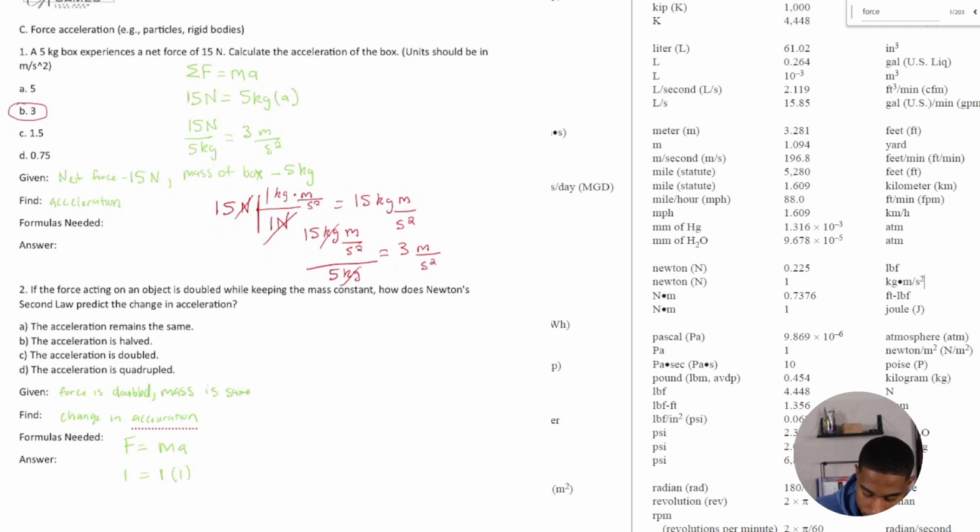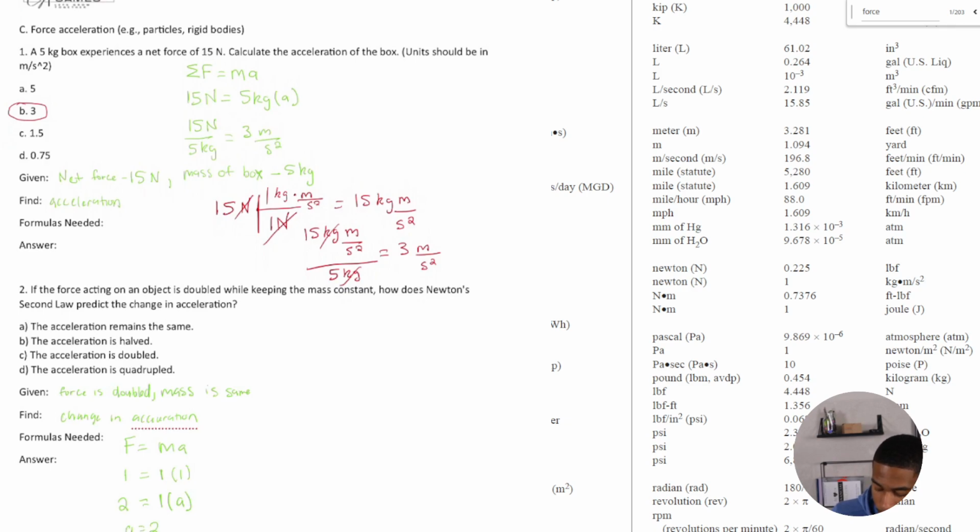All right, but if we double the force and we say 2 is equal to, and we leave mass to stay the same as 1, what happens to A? Well, now A equals 2.